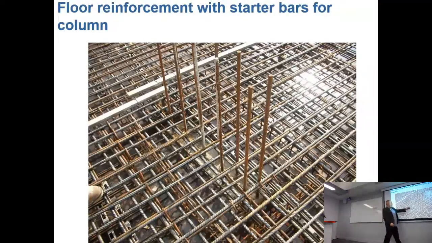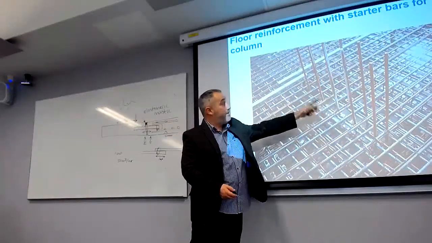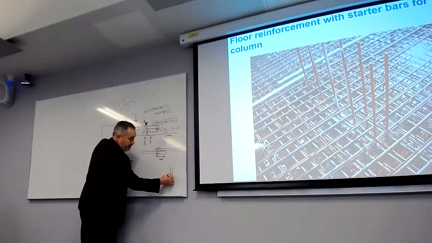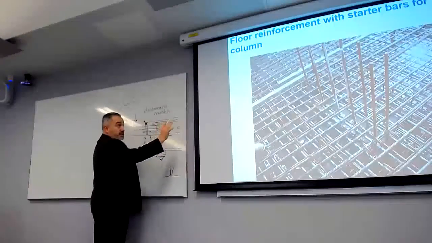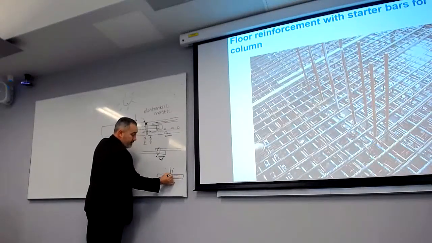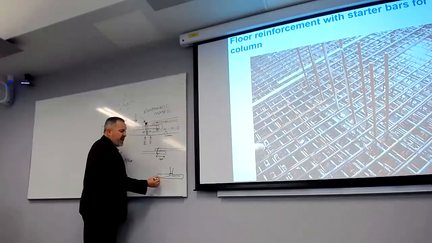So we've got our starter bars for a column. So those bars are coming out of the slab, and then once they cast the slab in place, they tend to leave a little raised area called a kicker.